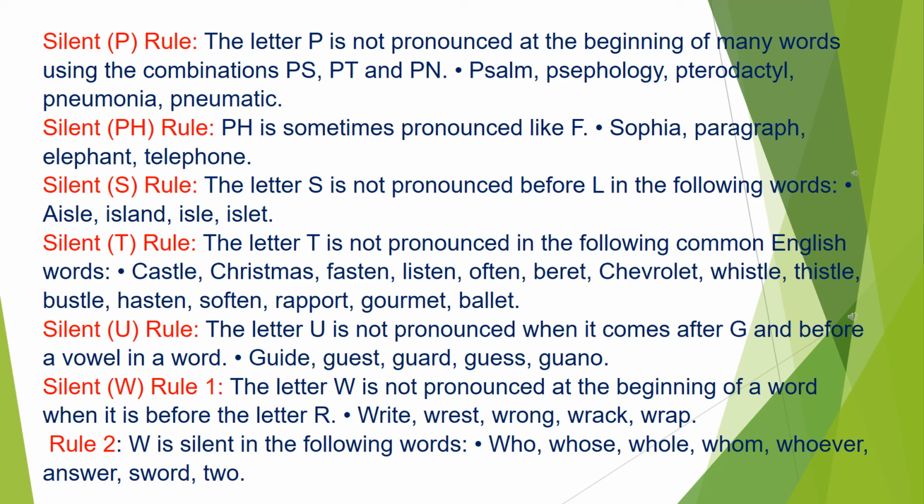The letter W is not pronounced at the beginning of a word when it is before the letter R. For example, write, wrest, wrong, wrack, wrap. Rule 2. W is silent in the following words: who, whose, whole, whom, whoever, answer, sword, two.